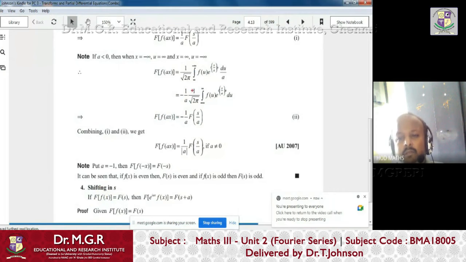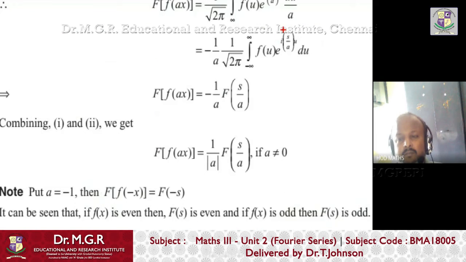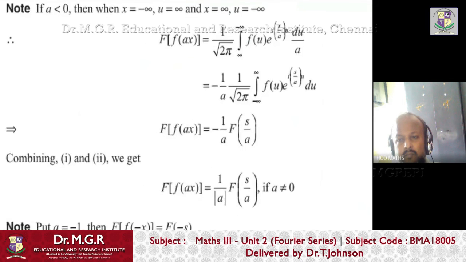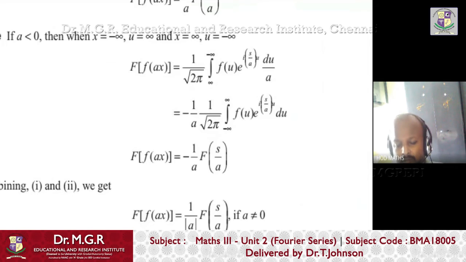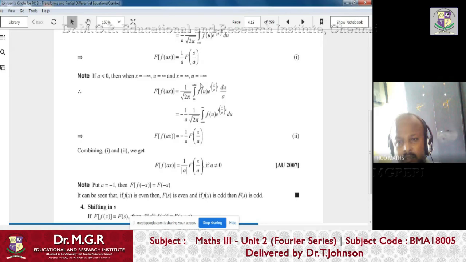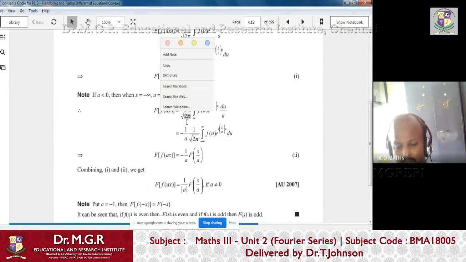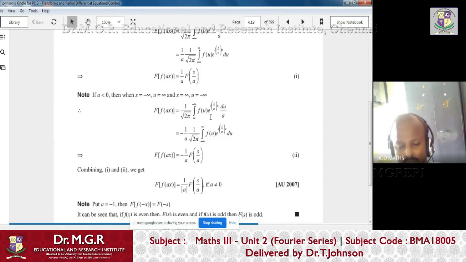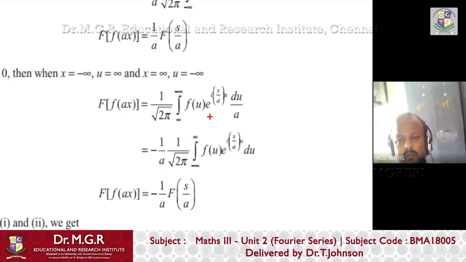Now if you want to change the order of the limits from minus infinity to plus infinity, here the infinity is in the denominator, but here infinity becomes the numerator.